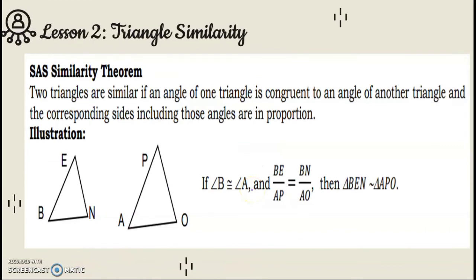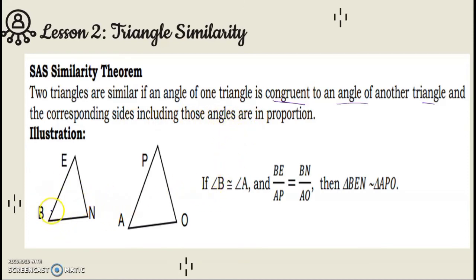Next. Dito naman sa SAS similarity theorem. It says two triangles are similar if an angle of one triangle is congruent to an angle of another triangle and the corresponding sides, including those angles, are in proportion.